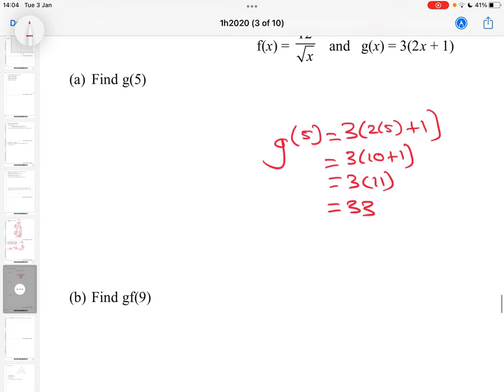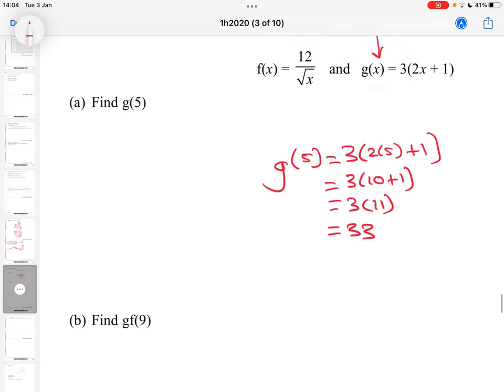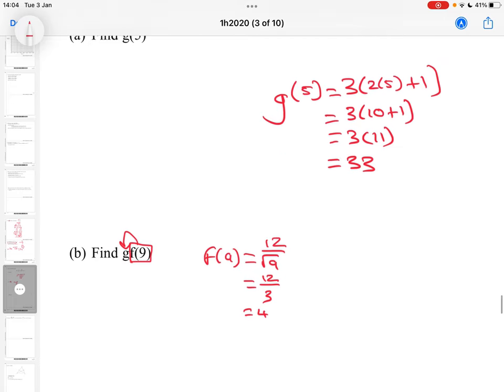The second one wants me to put the value, the function of 9, into F, and then put that into G. I'm going to start by doing 9 first. So X becomes 9, the square root of 9 is 3, so the answer is going to be 4.